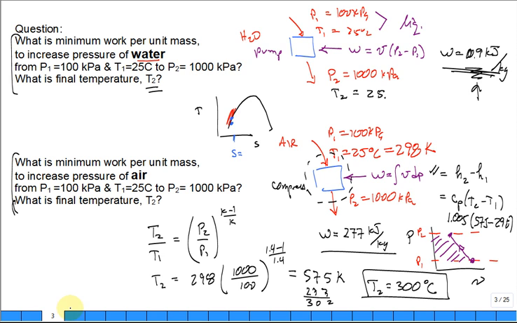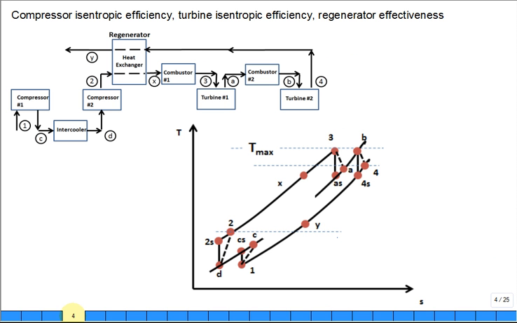Let's continue on. What happens if they give you the isentropic efficiency of the compressor, or the isentropic efficiency of the turbine, or the heat exchanger effectiveness? What was the symbol? Eta regen? Can't remember the symbol this book used. Some effectiveness for that regenerator. Okay?